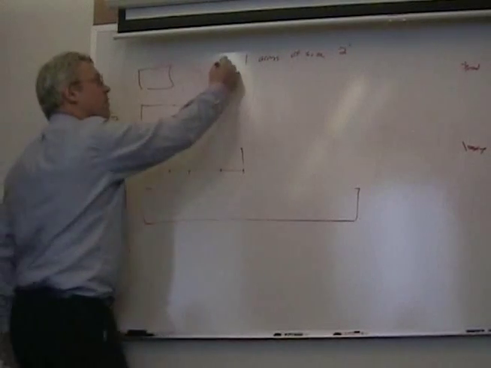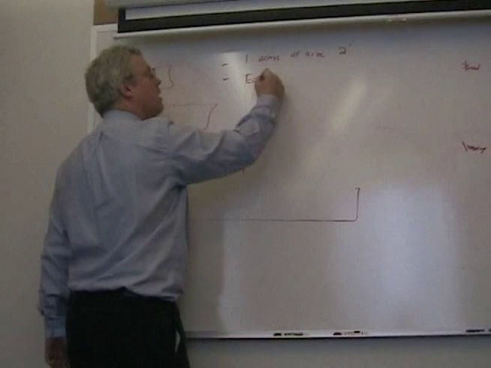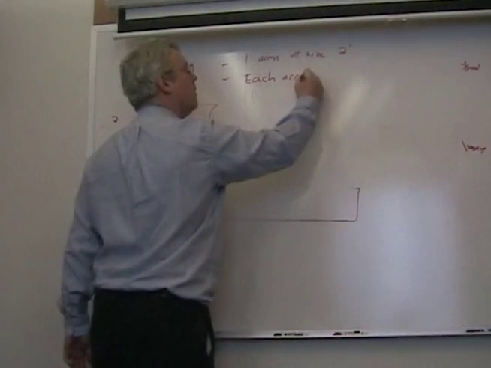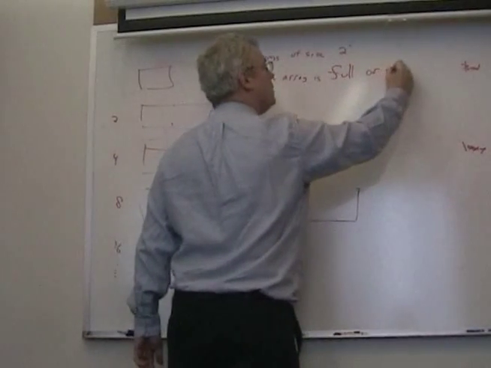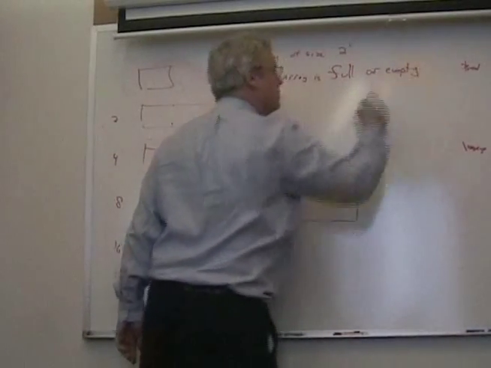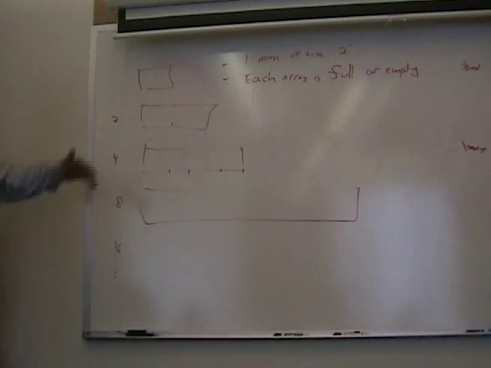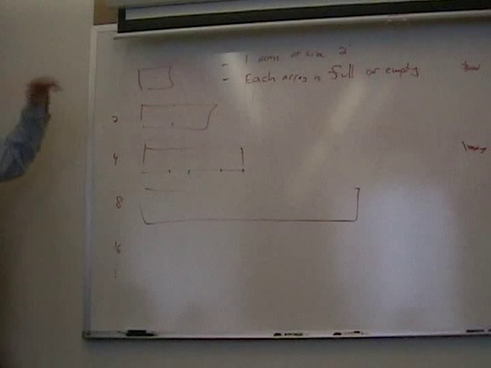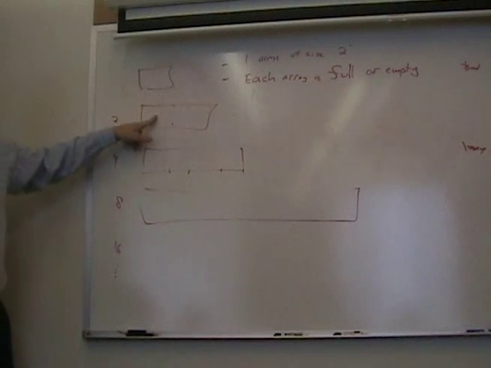The second property is that each array is either full or empty at any point during the operation of the data structure. So if I have one item in it, there's only one place I can put that one item. It's going to be right here, because if I put it here, then the array is not full.